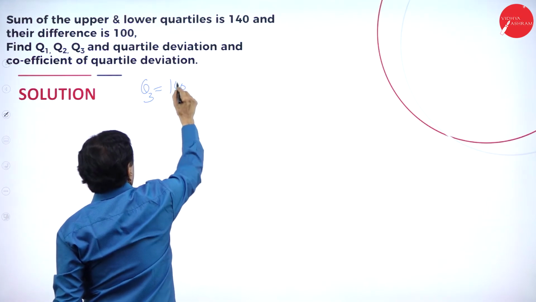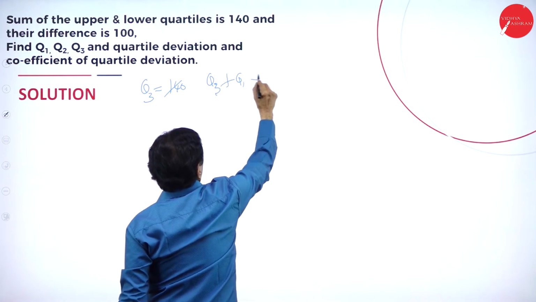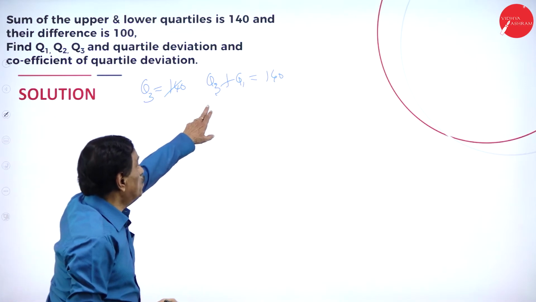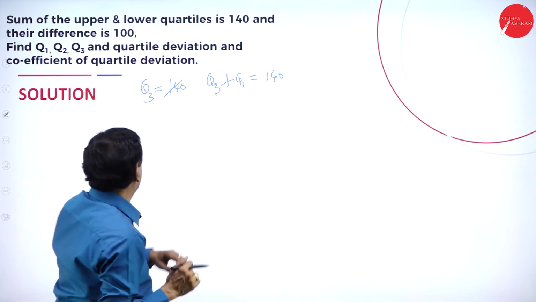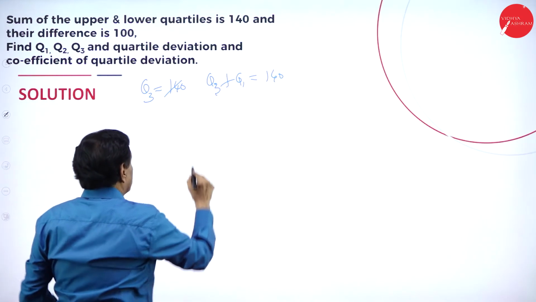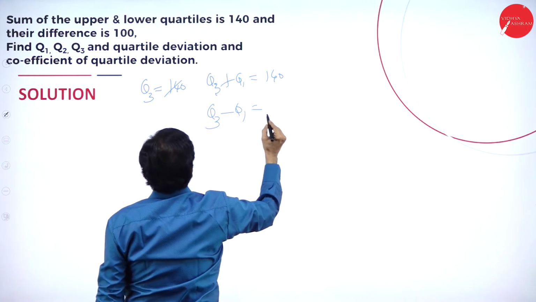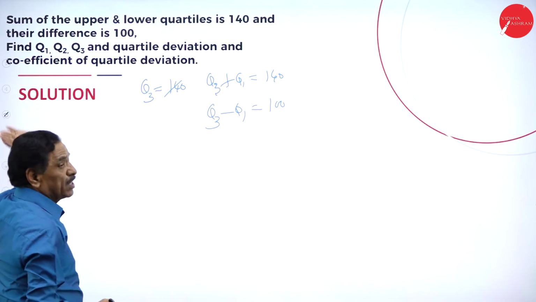Q3 is called the upper quartile, Q1 is called the lower quartile, and their sum is 140. And their difference, Q3 minus Q1, is 100, the problem says. Find Q1, Q2, Q3, they say.